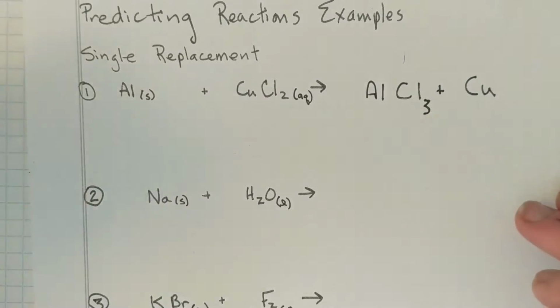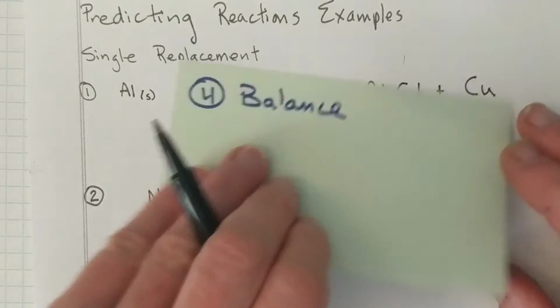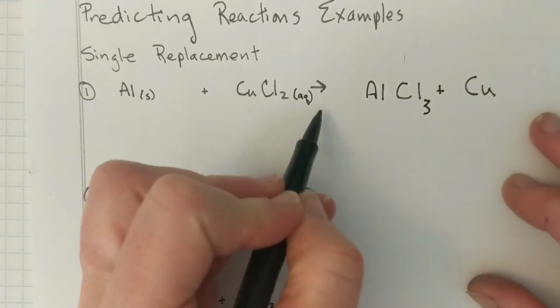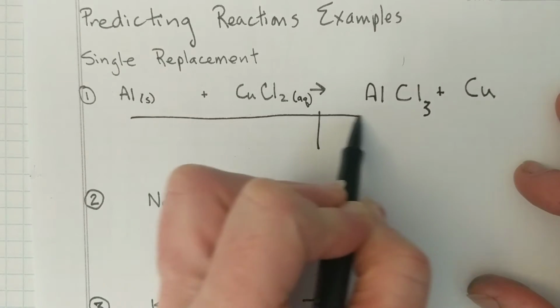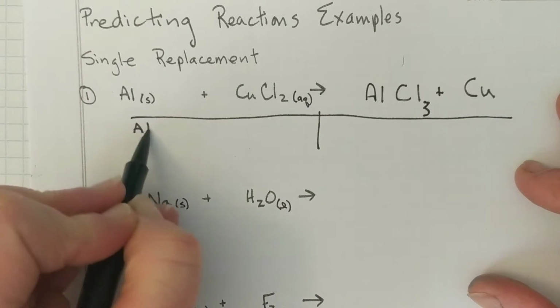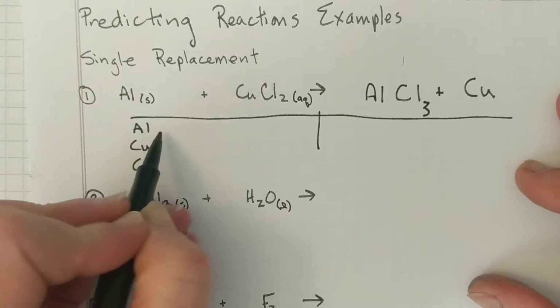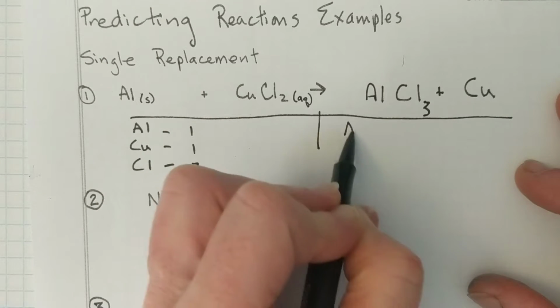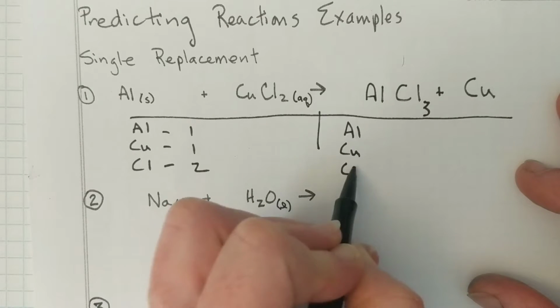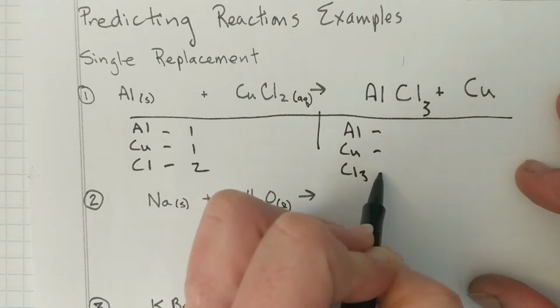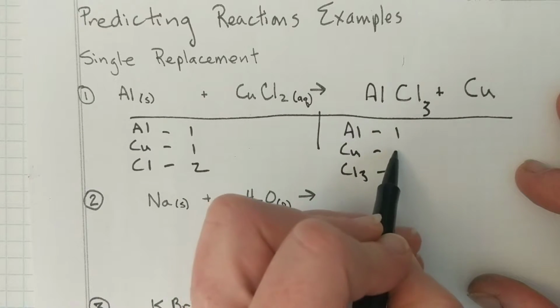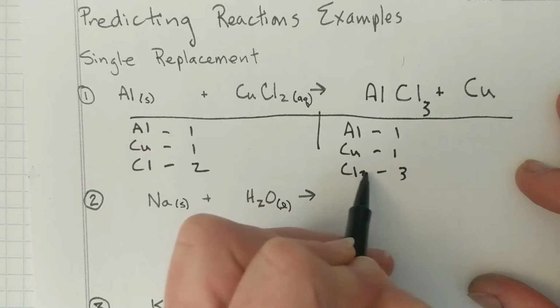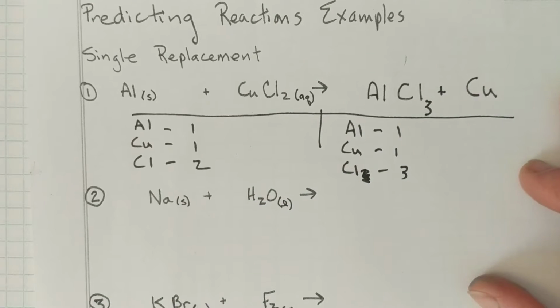Our last step after that is balance. So we can just do a quick balance. Al, Cu, Cl: 1, 1, 2, and 3, that's just Cl3.